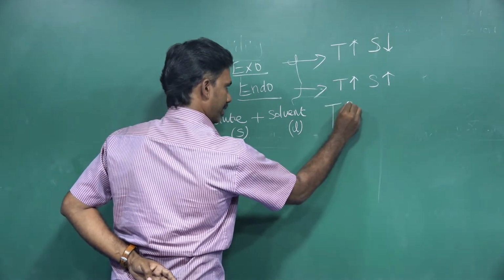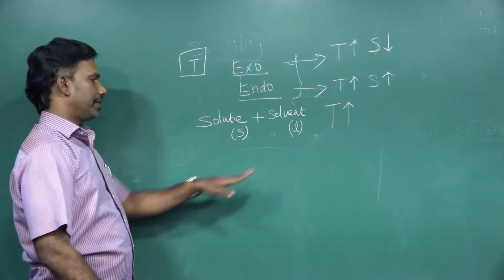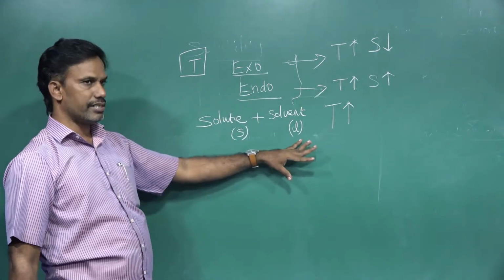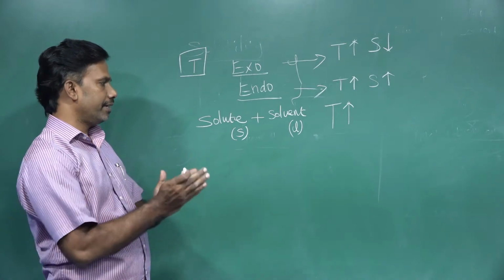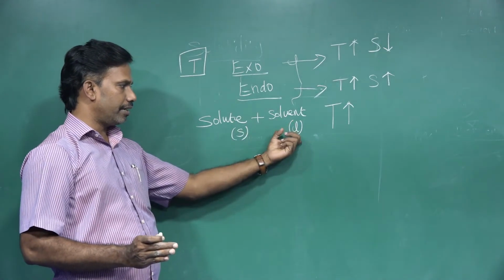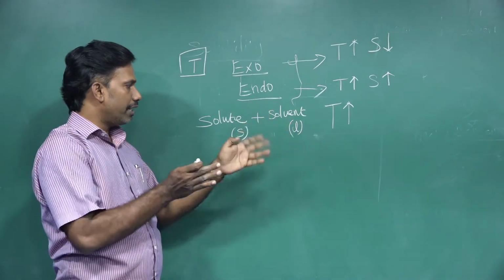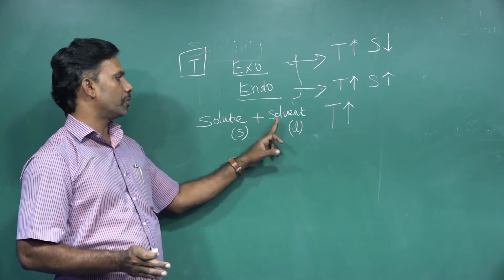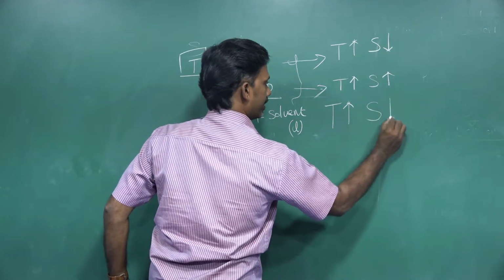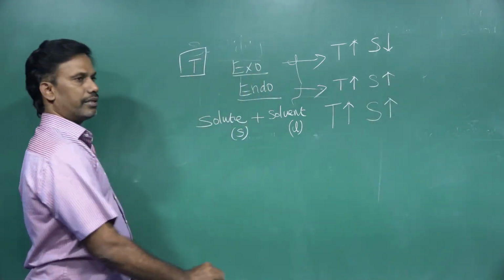As usual, temperature increases, kinetic energy also increases. When bonds break, there is more possibility for the solvent to join with the solute molecules, so the solubility also increases. When the temperature increases, generally solubility also increases when the solute is a solid and the solvent is a liquid.